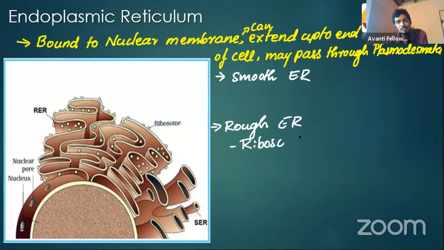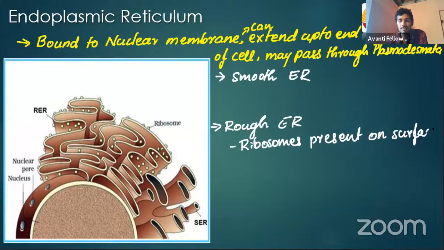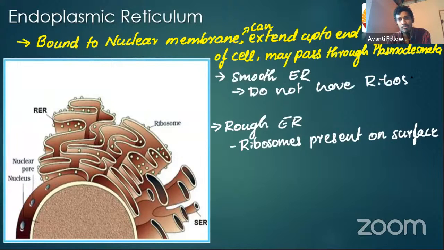With ribosomes present on the surface, you call it rough. It is not regular, it's not a smooth surface, it's a rough surface. But smooth endoplasmic reticulum does not have ribosomes attached to it. In rough endoplasmic reticulum, the ribosomes will be attached, but in smooth endoplasmic reticulum, it's completely smooth. There are no ribosomes, nothing.